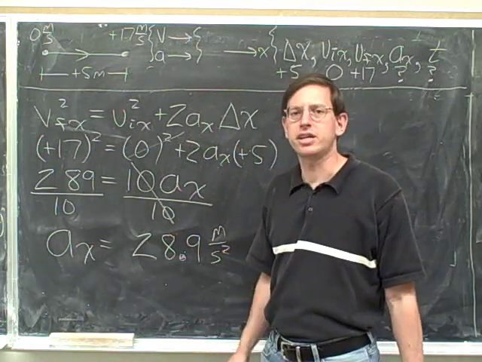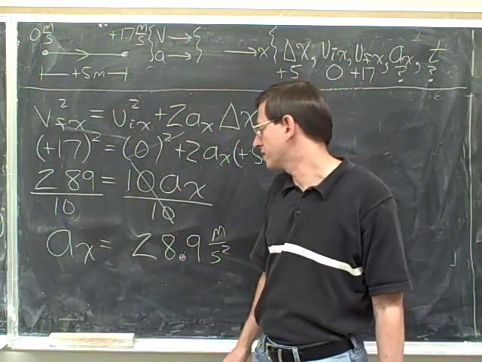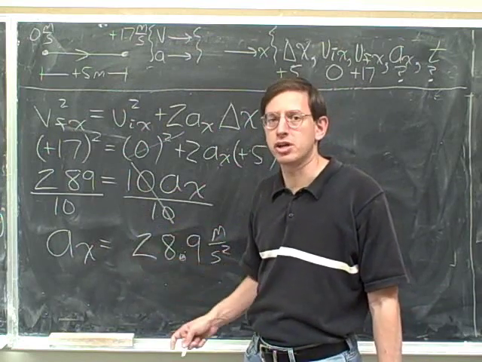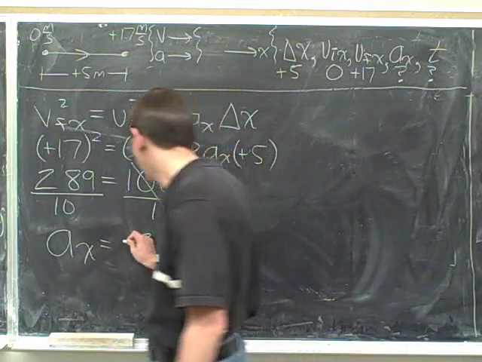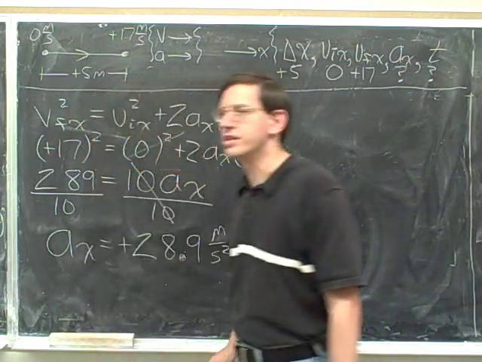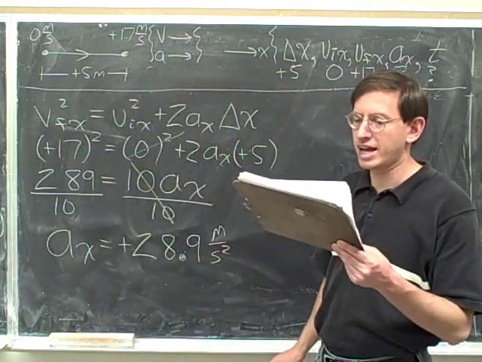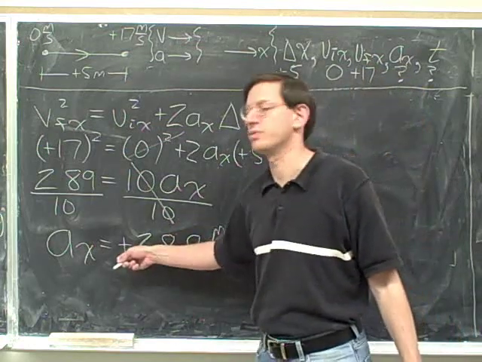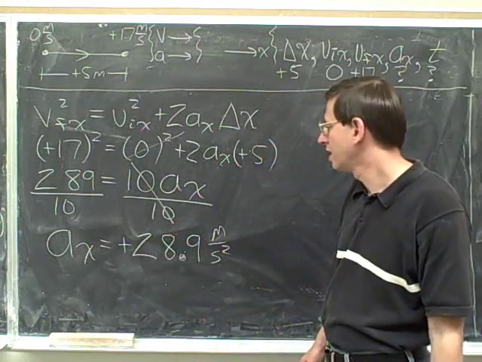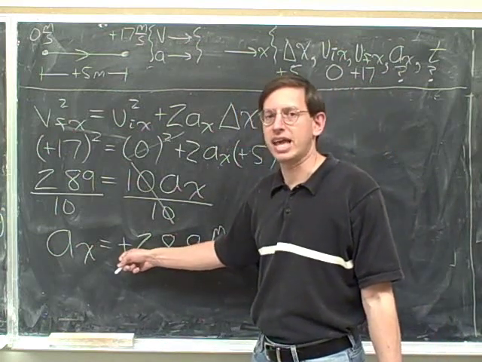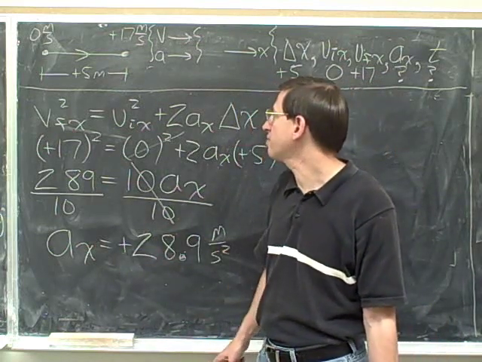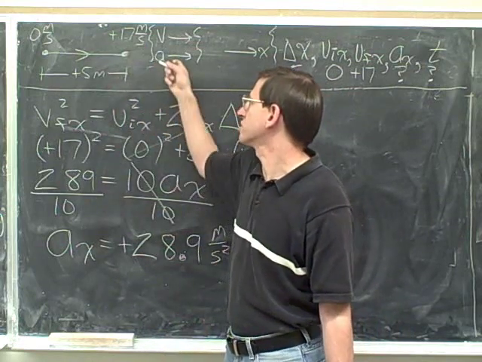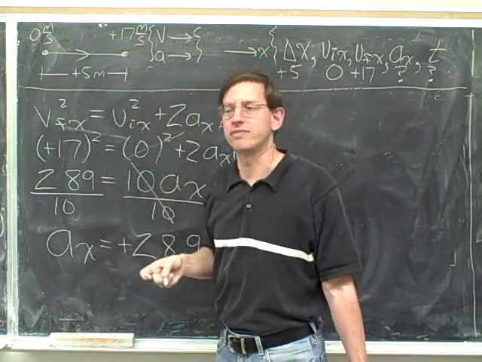Now, mathematically, did our answer come out positive or negative? Well, we can see that mathematically it came out positive, but because this is our answer, we should show the sign explicitly. This problem was not asking for the magnitude of the acceleration. It was asking for the acceleration, so we need to include the sign. And now we should check whether this sign makes sense. Did we expect the acceleration to be positive? Well, yeah, because the velocity was positive and we're speeding up, so the acceleration should have the same sign.